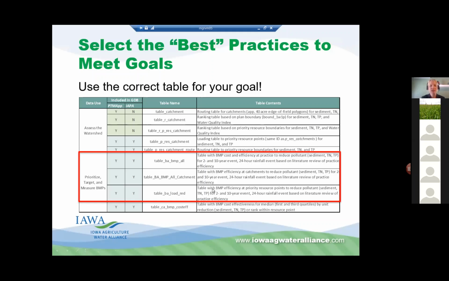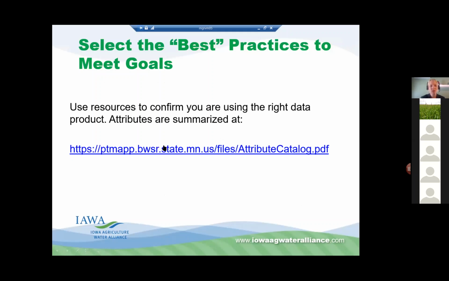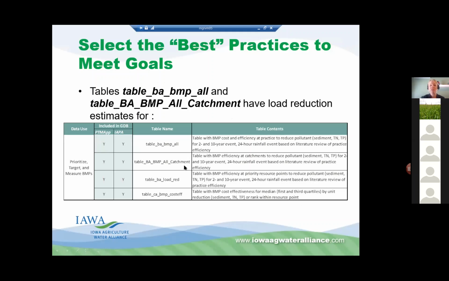And this BA load red is the BMP efficiency information at a downstream point of interest. So think the outlet of the Prairie Creek watershed that we're working on in this example. All of this information about table names and corresponding table information is summarized within this attribute catalog link as well, if you would like another source of information, essentially a legend for this type of information.